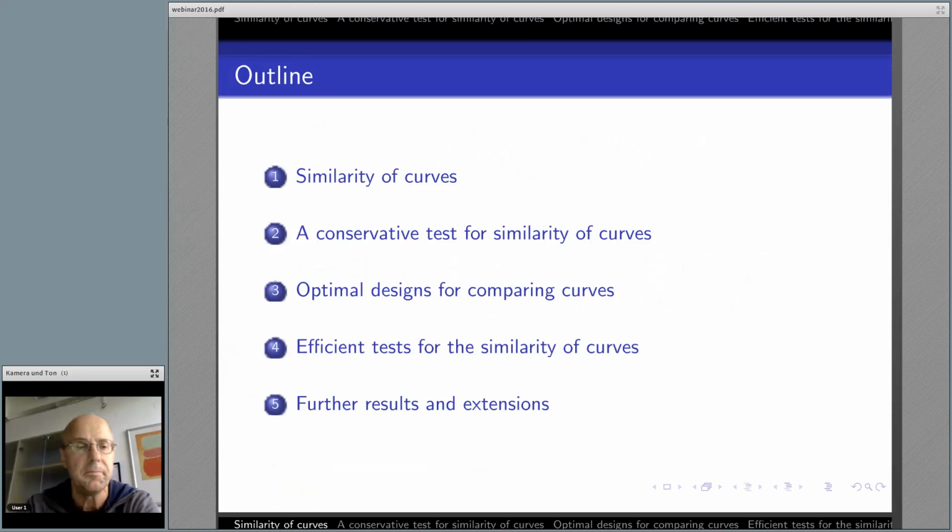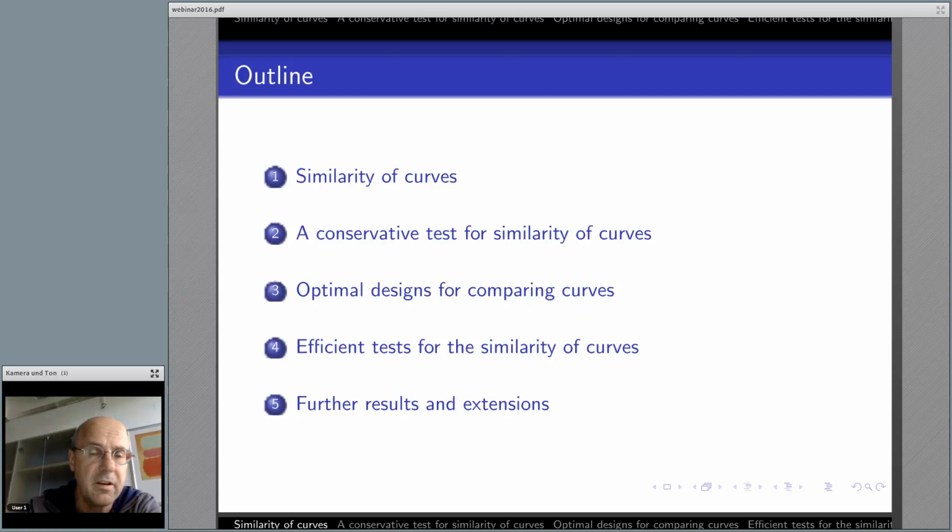This is what we are going to do today. I will talk briefly about the similarity of curves, and then I will present the current state of the literature for testing the similarity of curves. I will then convince you that good designs will improve this current methodology quite substantially.